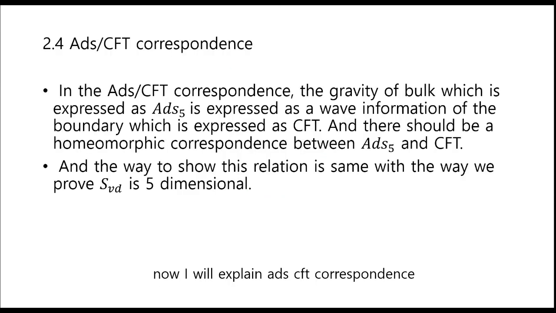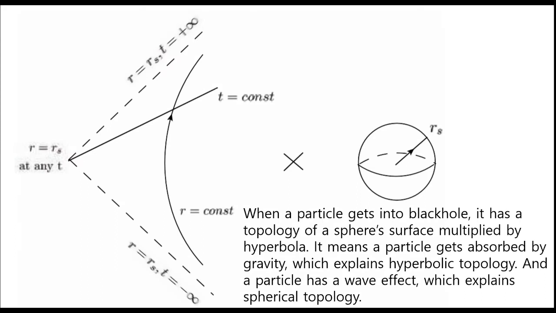Now I'll explain the AdS/CFT correspondence. In the AdS/CFT correspondence, the gravity of the bulk, which is expressed as AdS5, is expressed as the wave information of the boundary, which is expressed as CFT, and there should be a homeomorphic correspondence between AdS5 and CFT. The way to show this relation is the same as the way we proved that 3D is 5-dimensional. When a particle gets into a black hole, it has the topology of a sphere surface multiplied by a hyperbola.